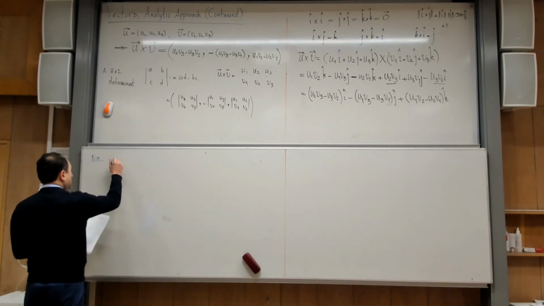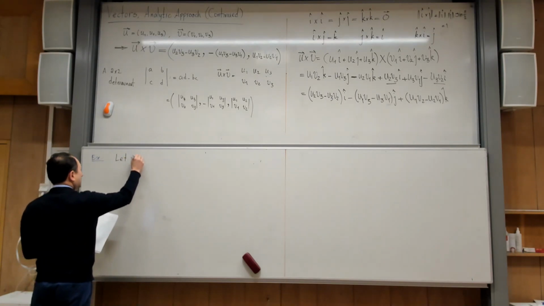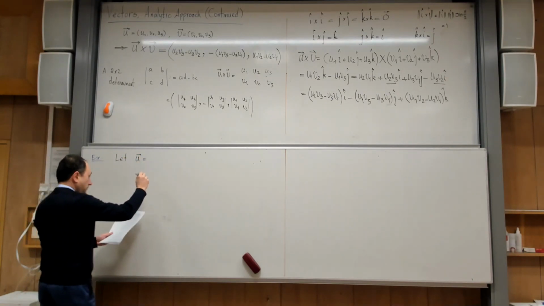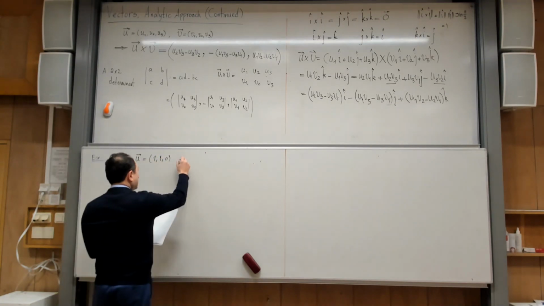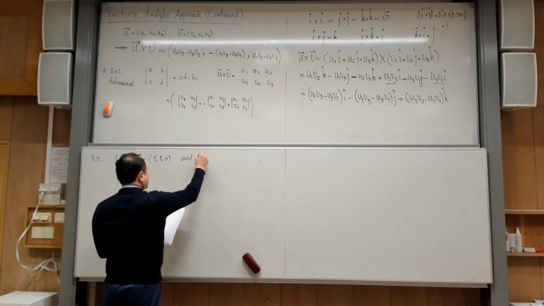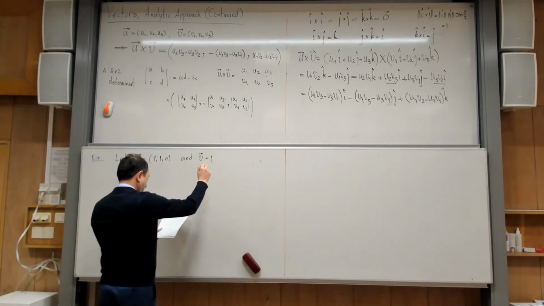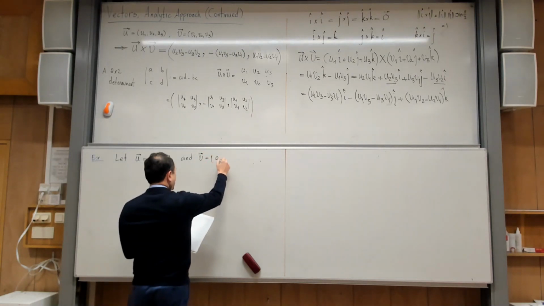So let U be the vector 1, 1, and 0. And V be the vector 0, minus 1, and 1.